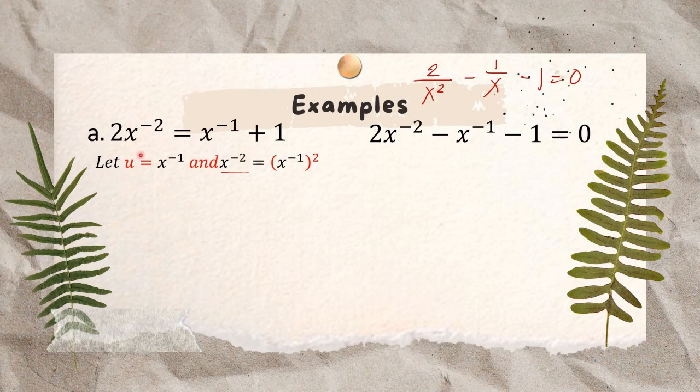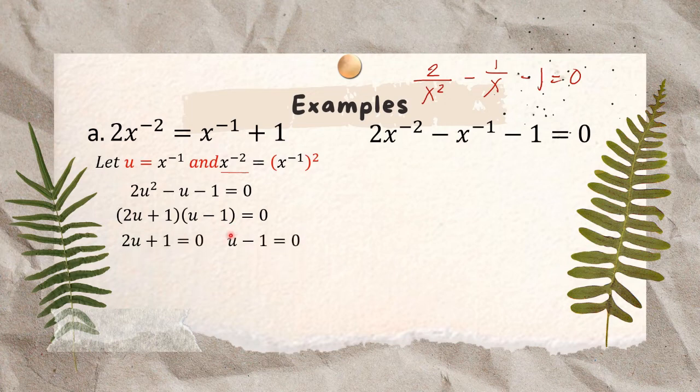Then, using the value here, we can write this equation as 2u squared minus u minus 1 is equal to 0. And then the factors are the quantity 2u plus 1 times u minus 1. Then, after equating each factor to 0, the values of u are negative 1/2 and positive 1.